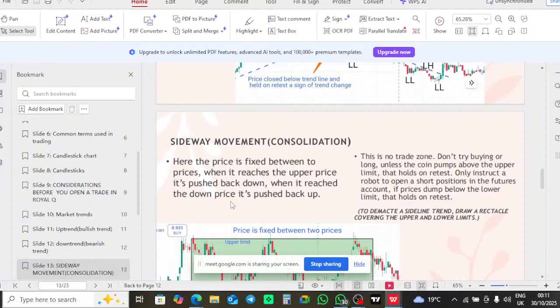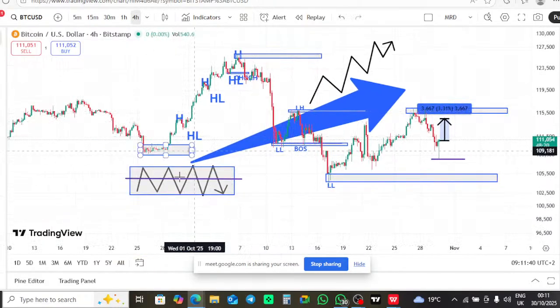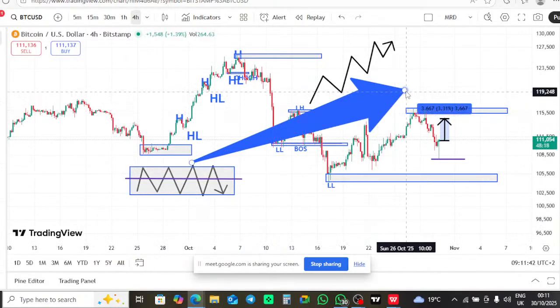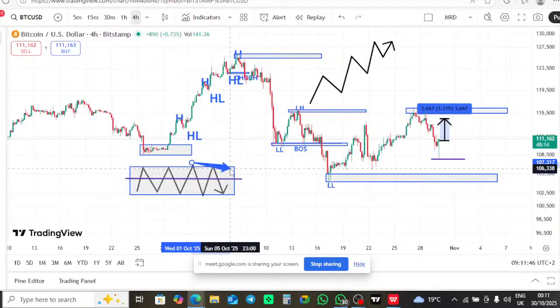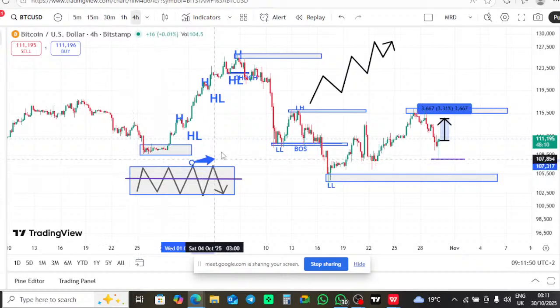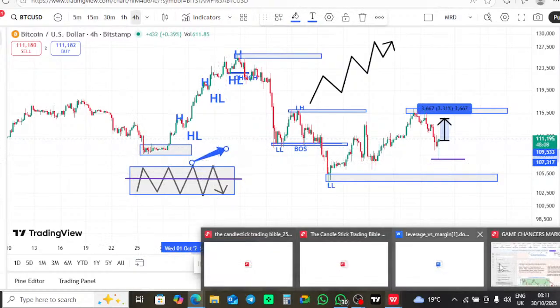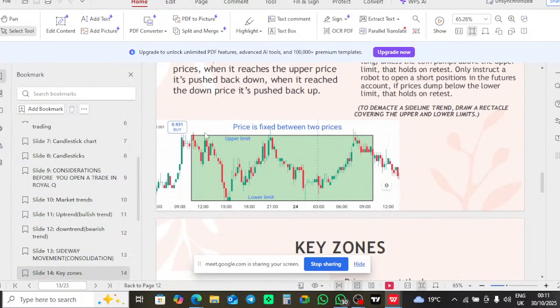So it keeps touching these 2 areas, like I've showed you here. It touches up, then down, up, then down, without breaking these areas. That is the sideways market, and here they are showing you that the price is fixed to 2 prices. Are we together? Up, down, up, down.